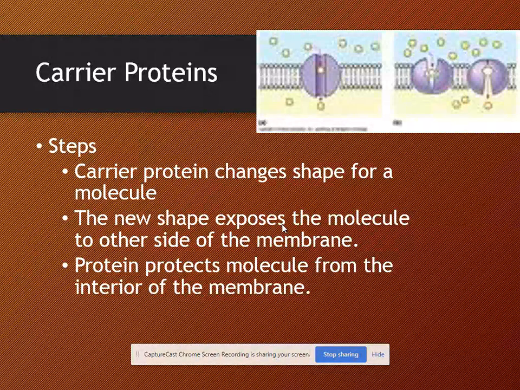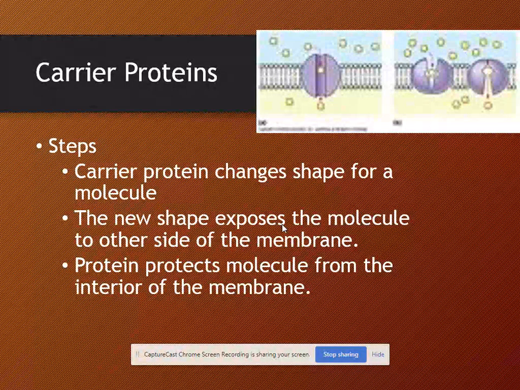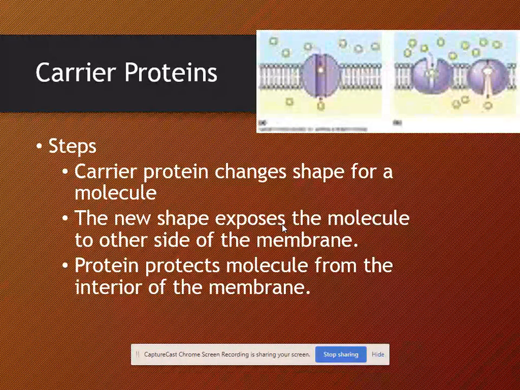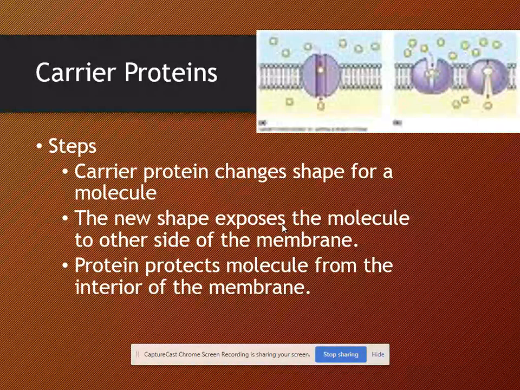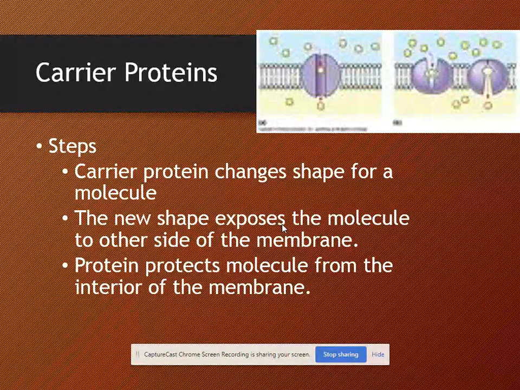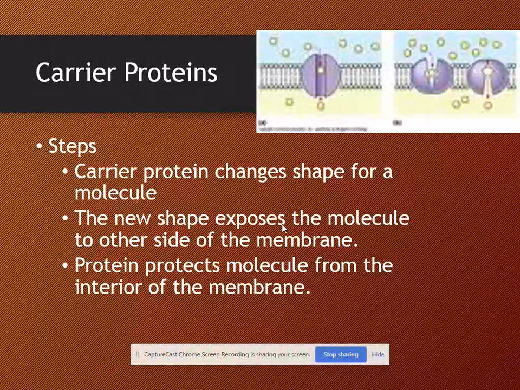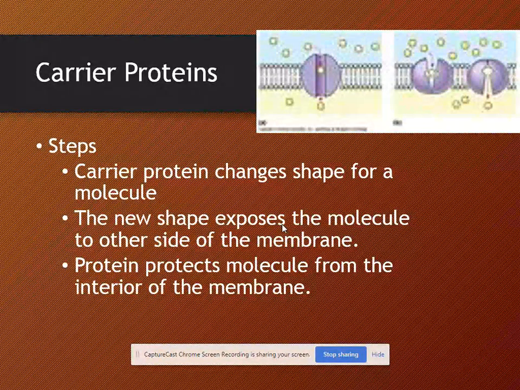All right, so we're going to go through the steps. I went through them already, but now we can get them formal in notes. A carrier protein changes its shape for a molecule. Depending on the molecule, and these are molecule specific, the new shape exposes the molecule to the other side of the membrane. I showed that where it was closed, then once that molecule attached, it then opened to the inside.